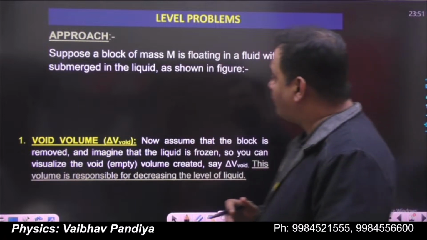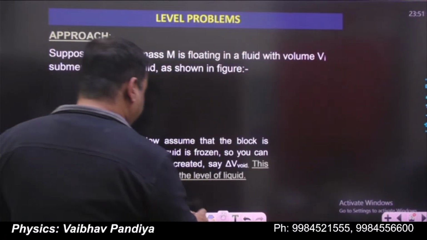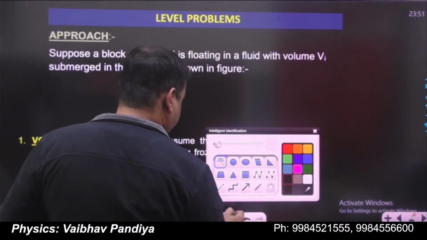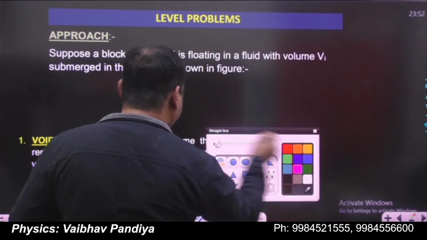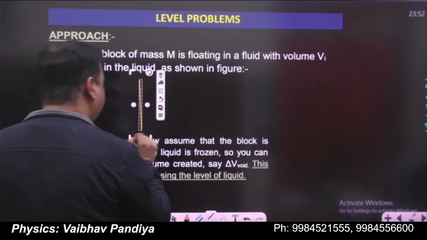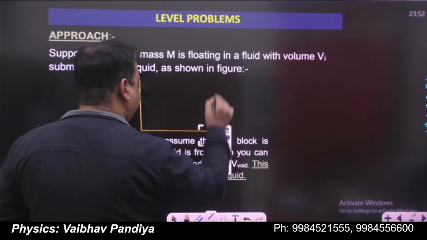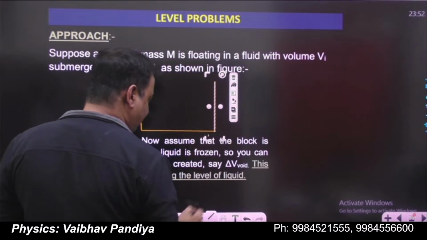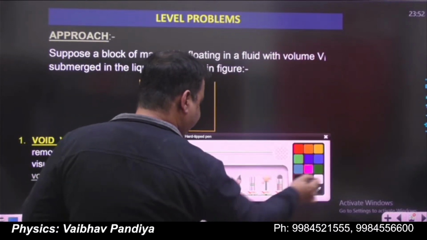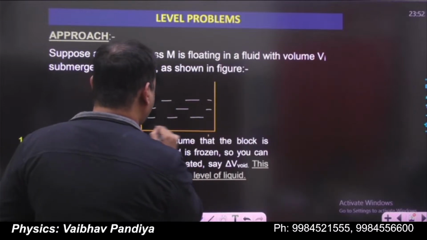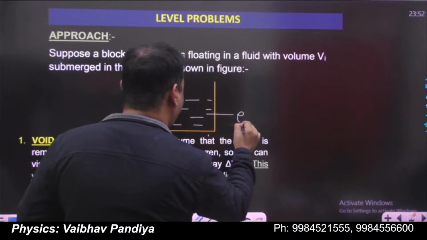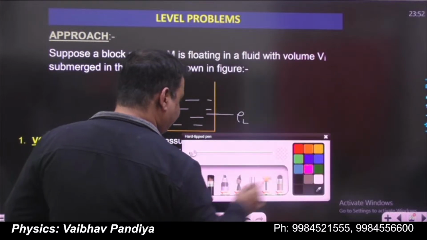Suppose we have a block of mass m, and this block is floating in some liquid, and we have a liquid container, and say the density of the liquid is rho L. So this is the liquid with a density of rho L and the block is floating.